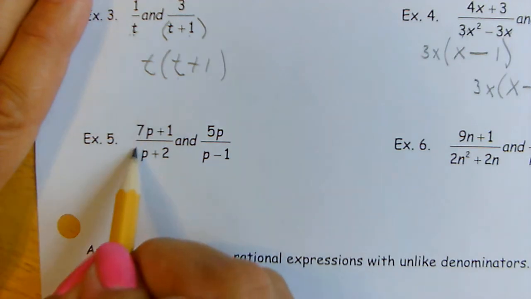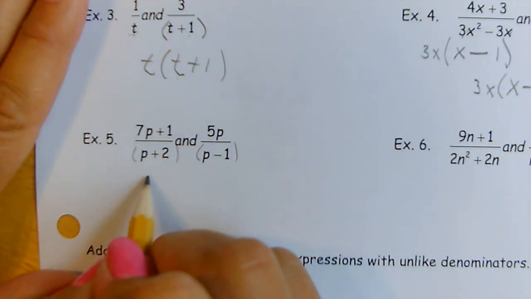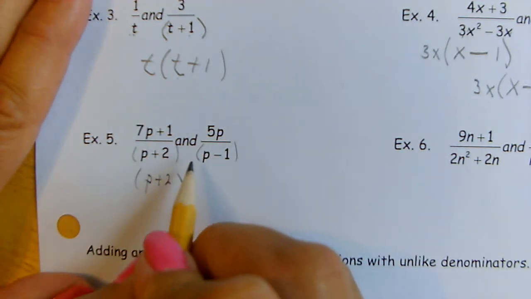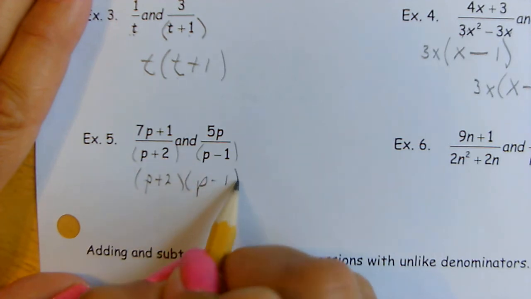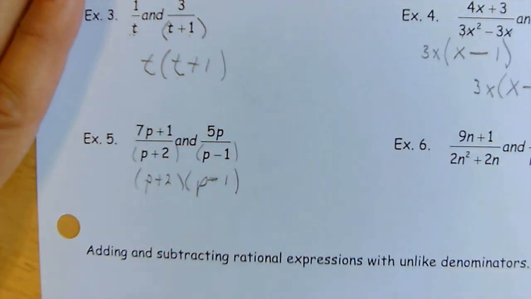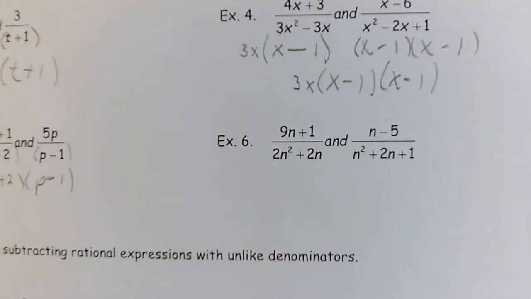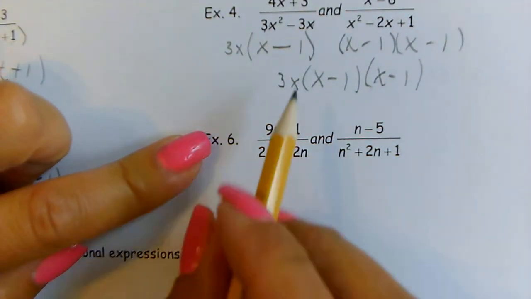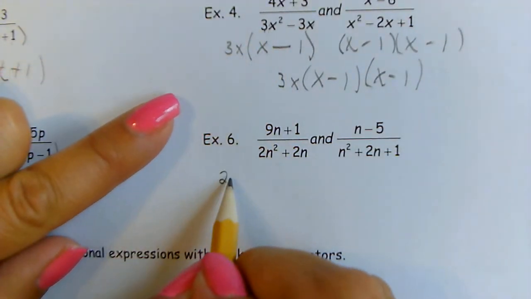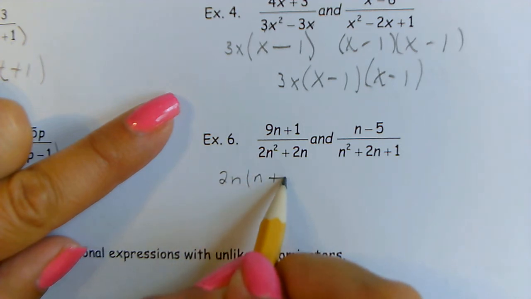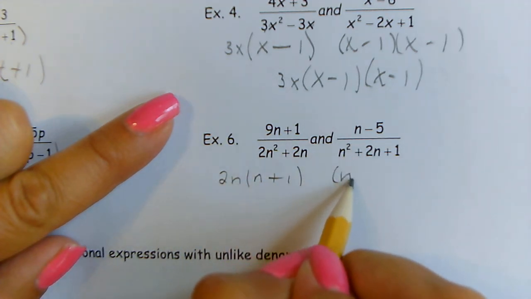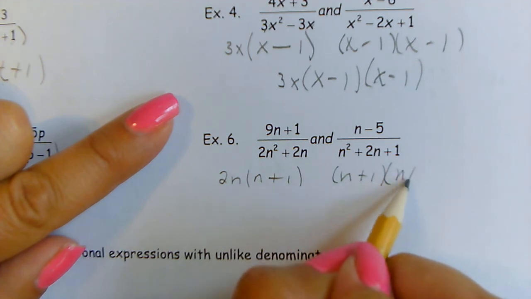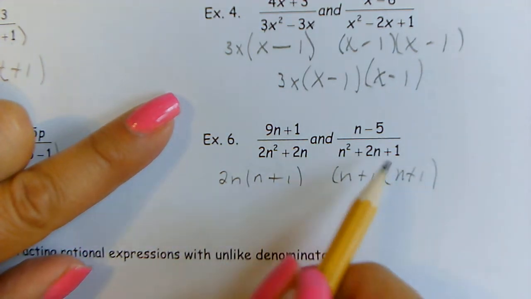Here, these are factored and they are completely different factors, so my lowest common denominator is going to be one of each factor. Example 6, similar to this, I have to factor completely first. And make sure I have each piece.